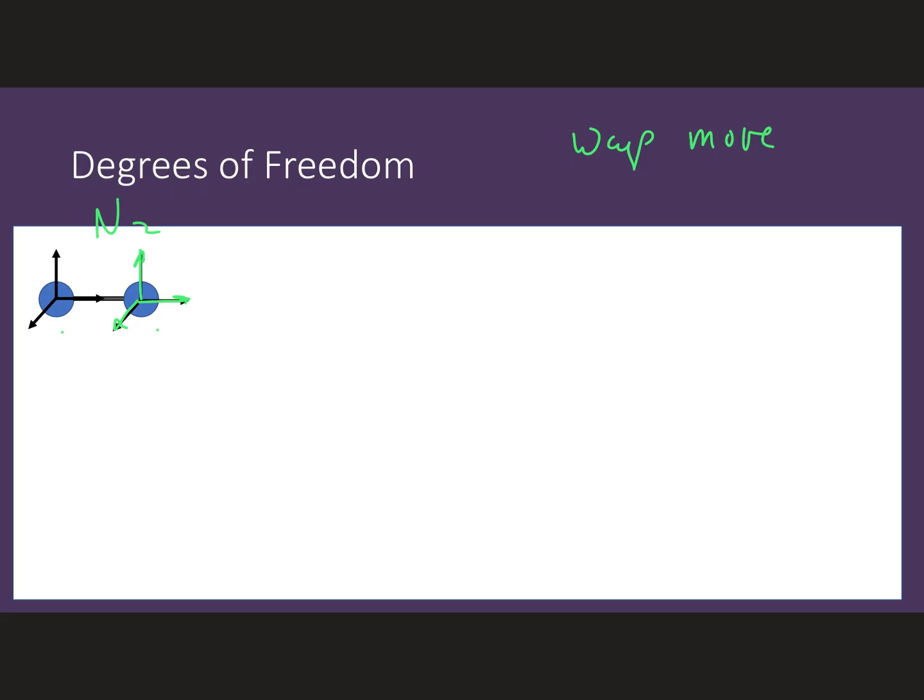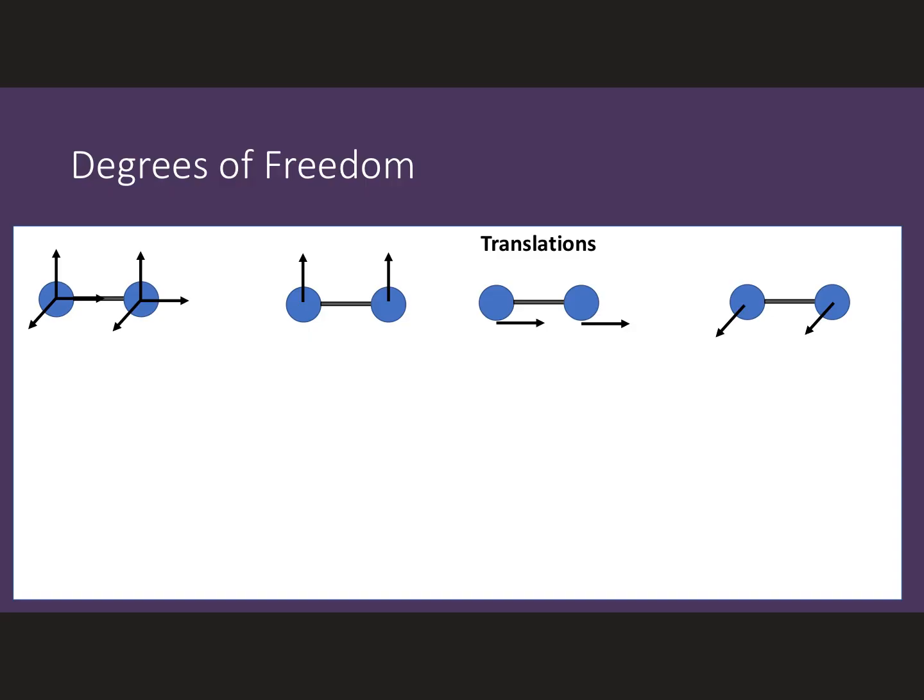But what happens when we have this bond connecting and keeping these 2 together? Let's take a look at that. We could make the assumption that both atoms move in the same direction together. For example, maybe they're both moving along the z-axis, or both along the x-axis, or both along the y-axis.